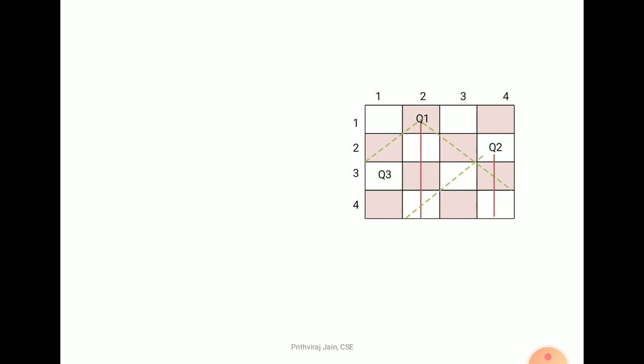Next, now we have to place q4, and we have room to place q4. Under q3 we can't place because it is on the same column, but we have a place called 4, 3 where we can place the fourth queen. So q4 will be placed at 4, 3.